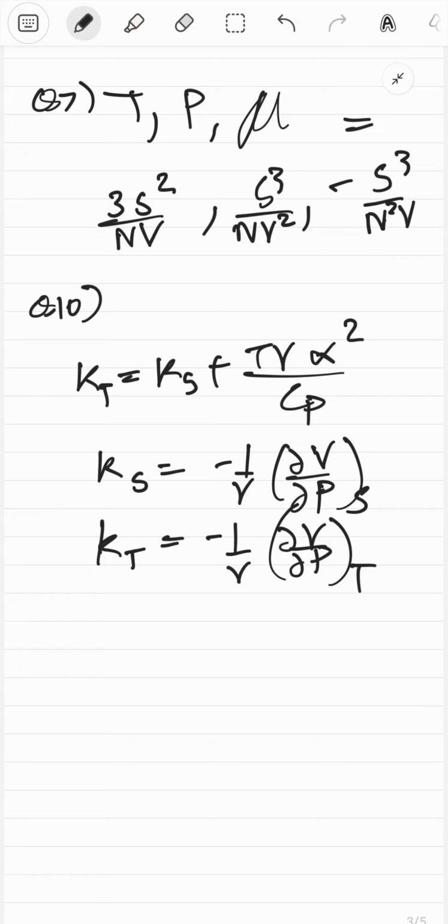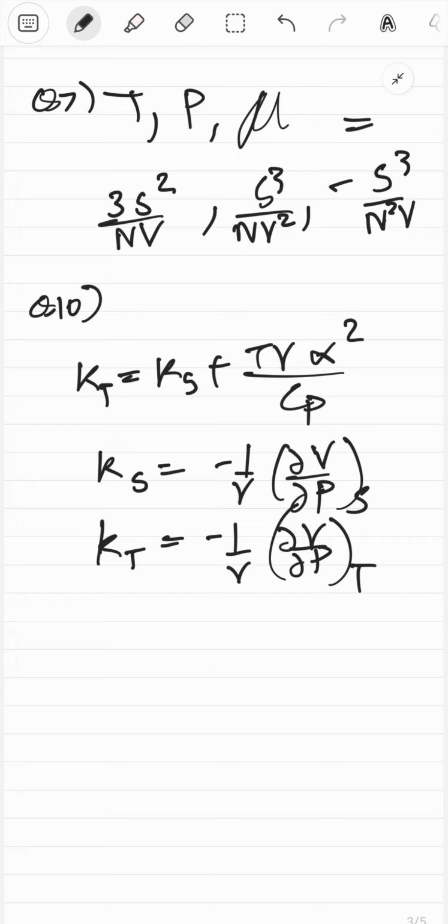Maxwell's relations again. Wait, why do I feel we have actually shown this somewhere? Yeah, it feels like we've done this before, haven't we? So there's this alpha squared C_P stuff.